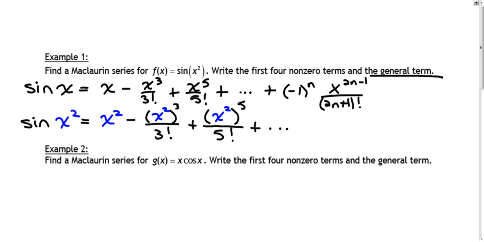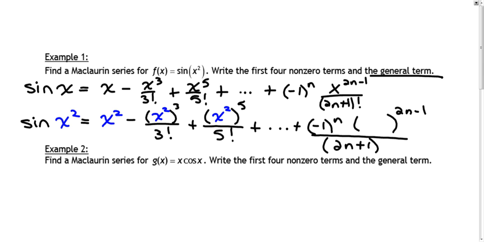Then we write our general term, still negative 1 to the n, something raised to the 2n plus 1 all over 2n plus 1 factorial, and again, instead of an x in there, we have an x squared. That's all that was: substitution. Once you know the series for sine, it's simple.